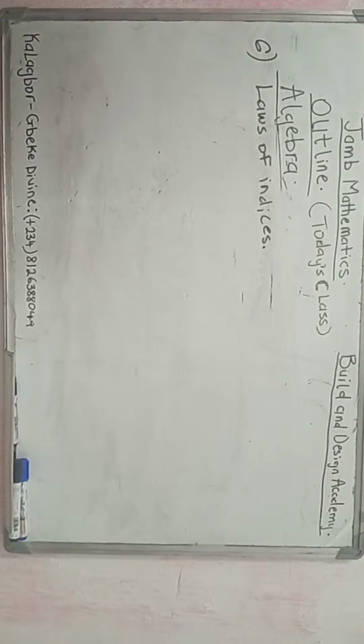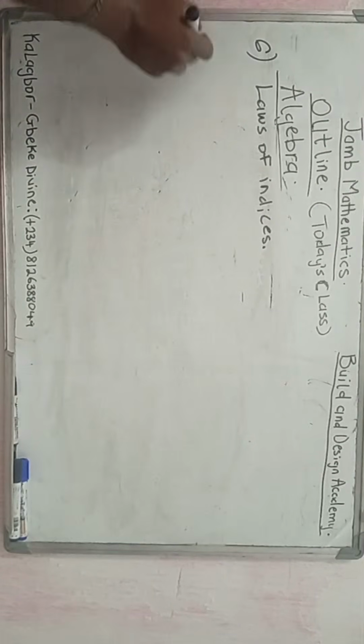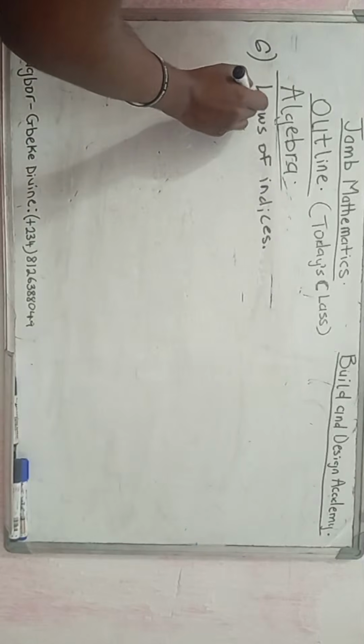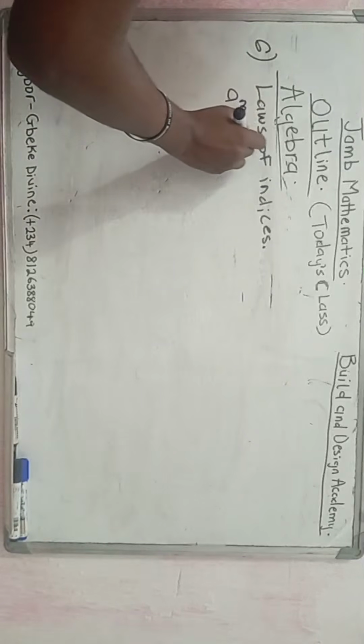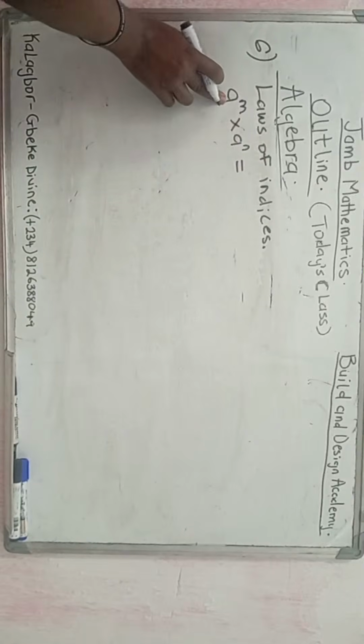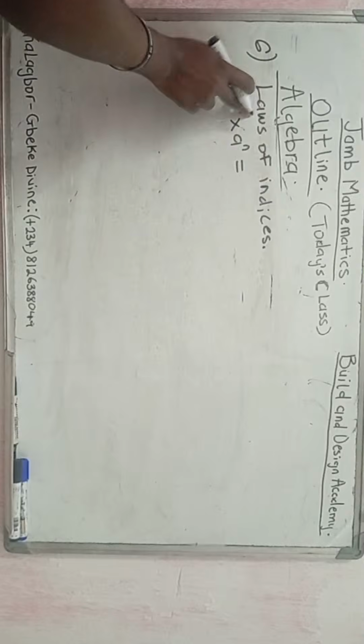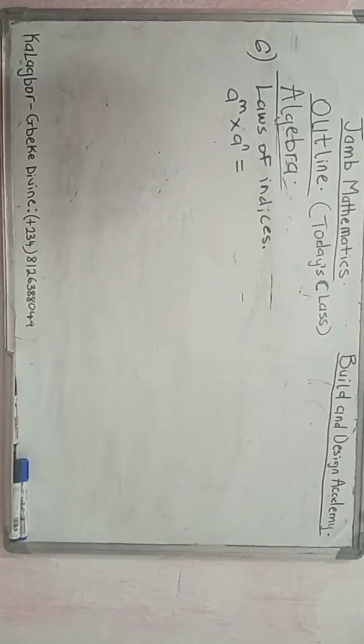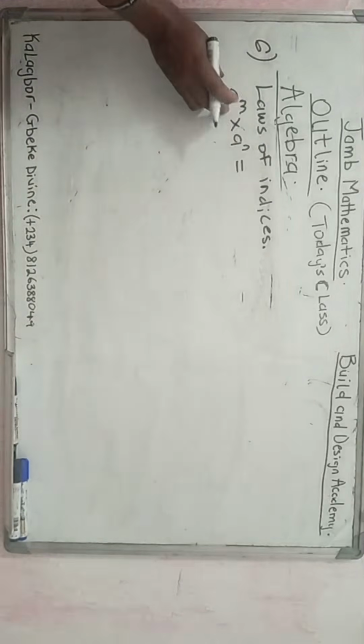So now, for laws of indices, we have the first law. Let's say we have a^m times a^n. The base here is a, and the power is what? m. Now, indices simply means it's telling us how many times this base will multiply itself.